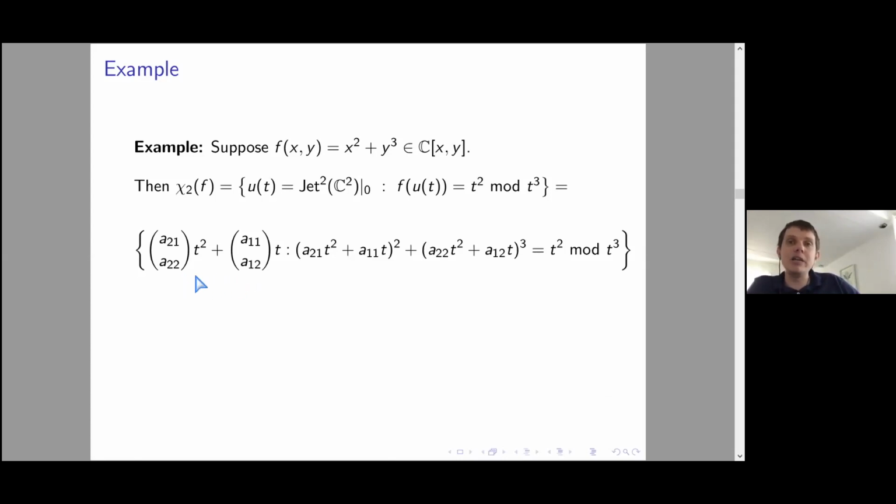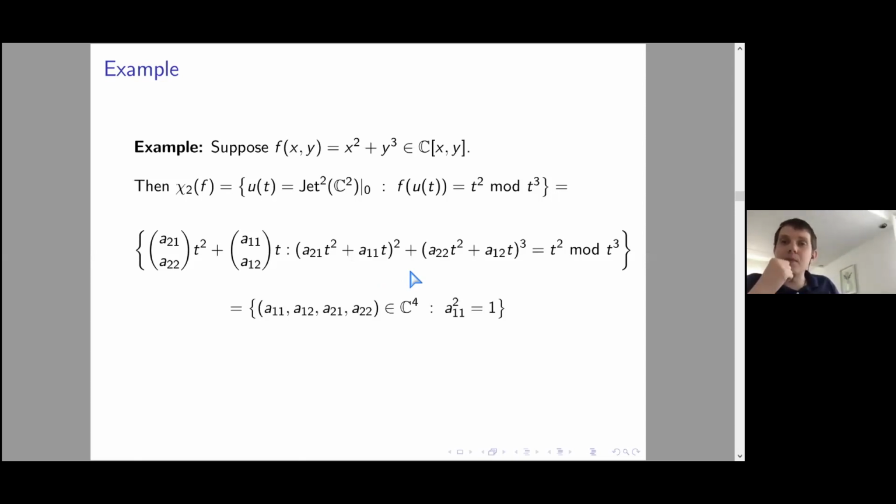It's a polynomial whose coefficients are vectors, and there's no constant coefficient. And then I take this polynomial and I apply f to it. So I apply f to the top and the bottom, and I get the top squared plus the bottom cubed. And then I just solve this equation. I find all these coefficients, A21, A11, A22, A12, that satisfy this equation.